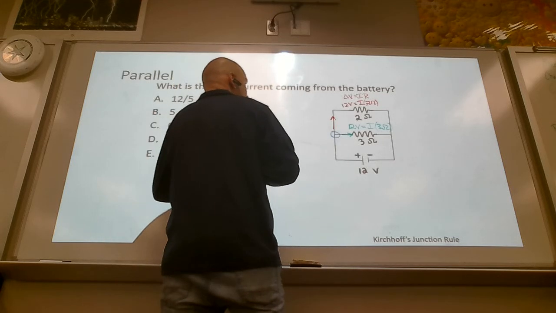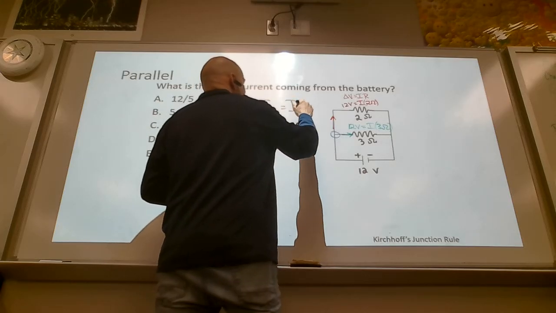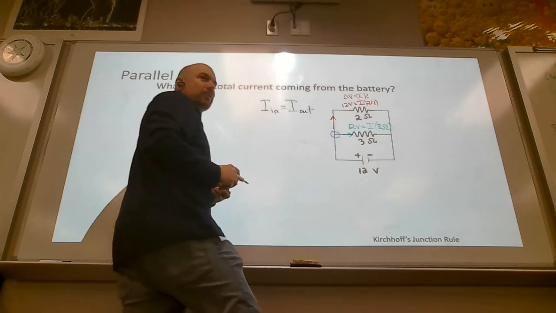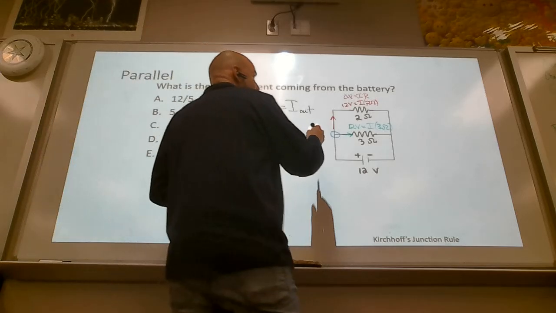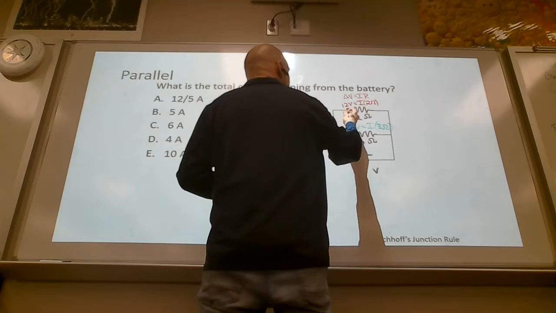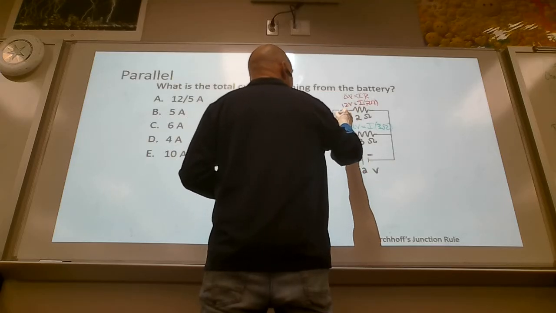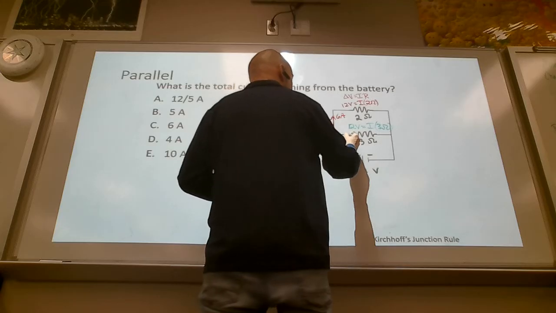the junction rule says the current going in at a junction has to equal the current going out of a junction. Okay. So here we have 6 amps. Here we have 4 amps.